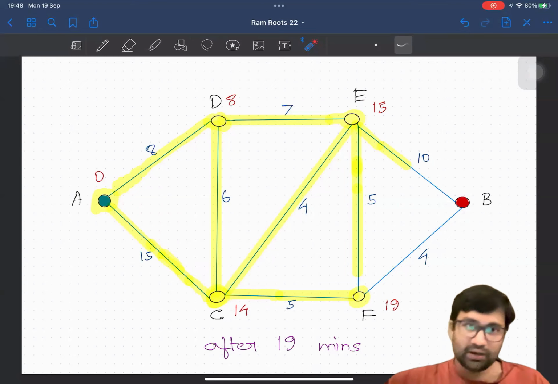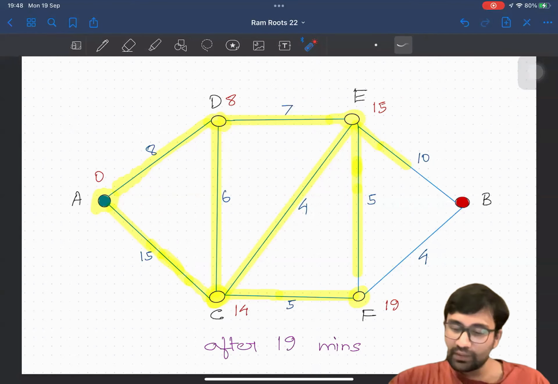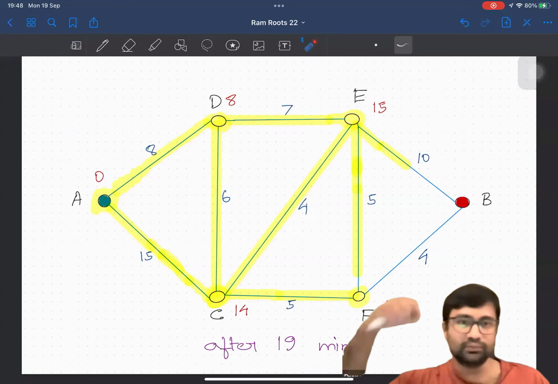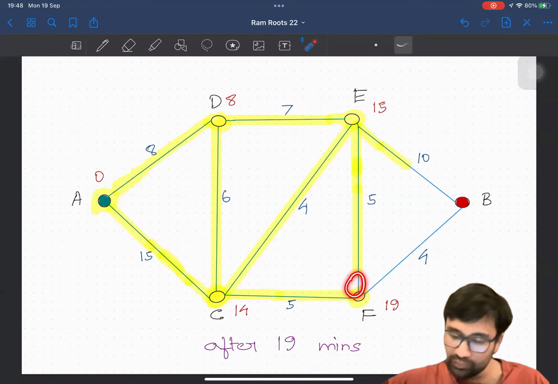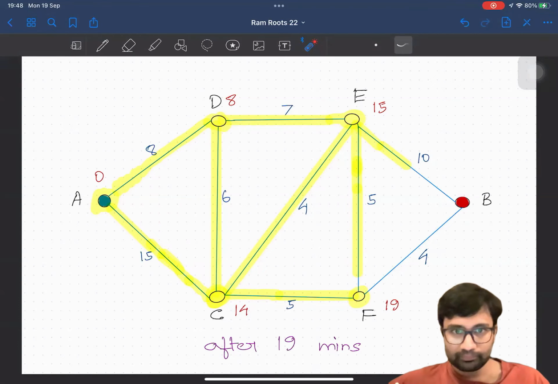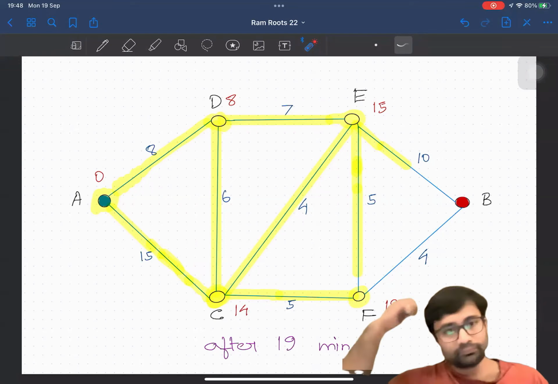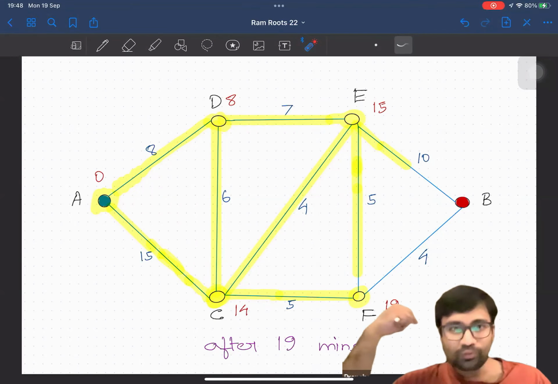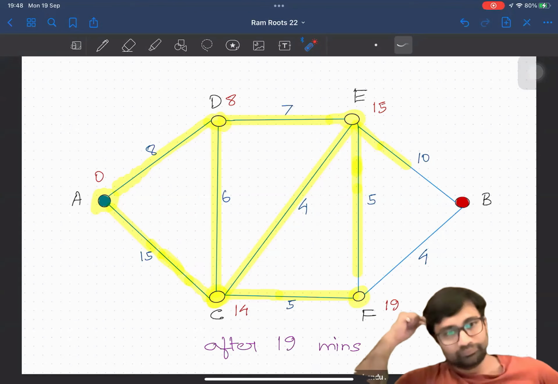Right? The fire reaches E at 15 minutes, but then it takes 5 minutes to go from E to F. Right? So the fire still has not fully reached F from E. Right? There is still some part of it left to cover. Maybe it needs 1 or 2 minutes, sir. Yeah, it needs 1 more minute actually, no? Yes, sir.